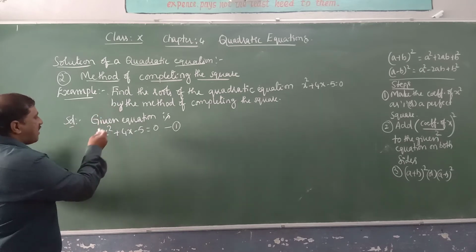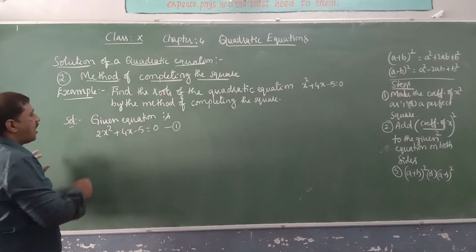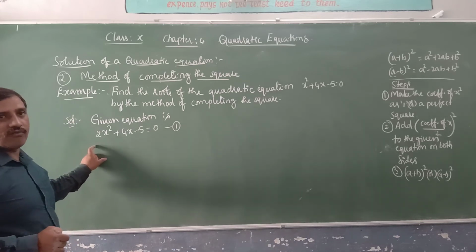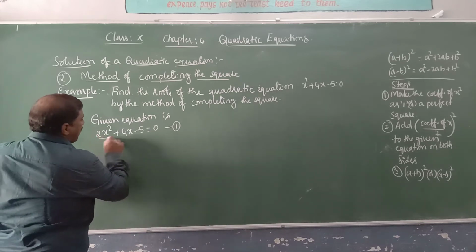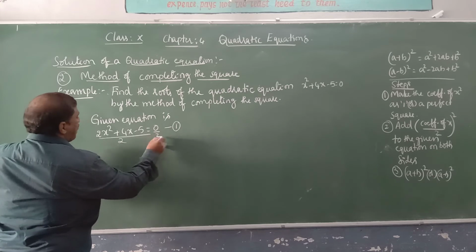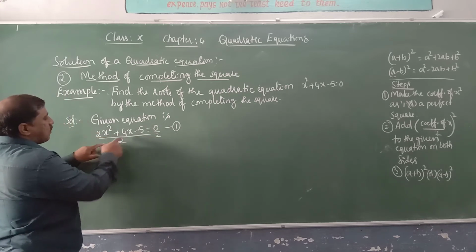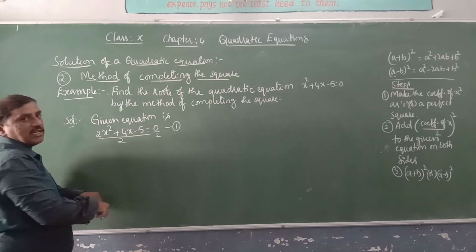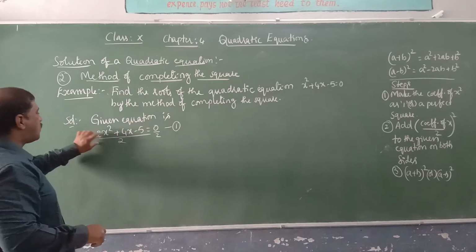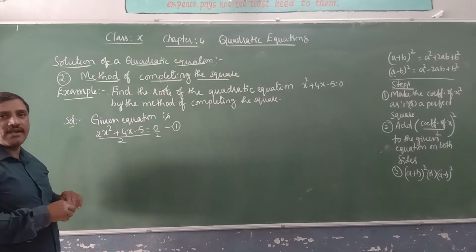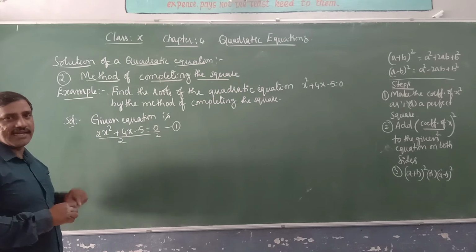If it is not 1, for example if it is 2, then how to make this as 1? By dividing the whole equation with 2, we get 2x square by 2, 4x by 2, minus 5 by 2, and 0 by 2. So 2 and 2 will be cancelled, we get again 1 as the coefficient of x square.